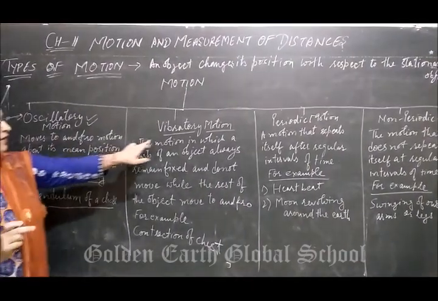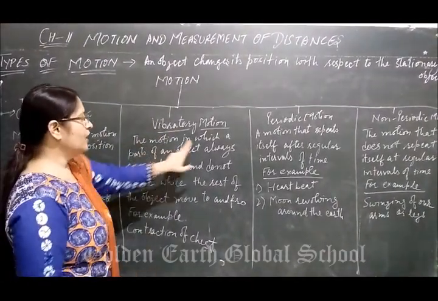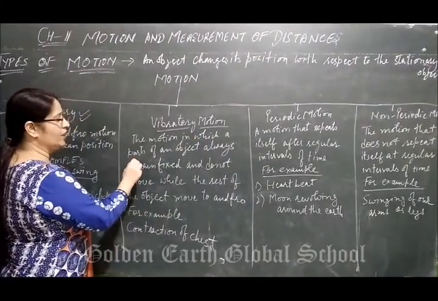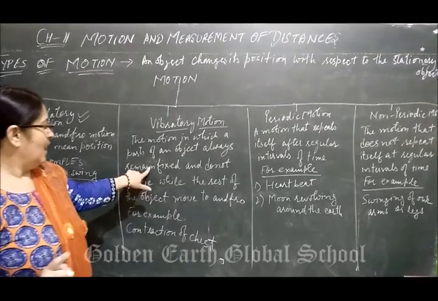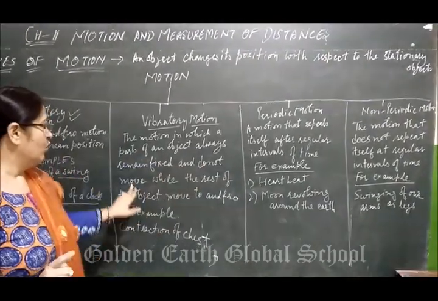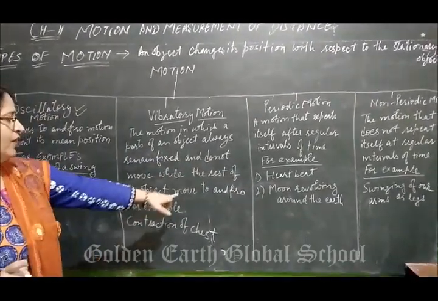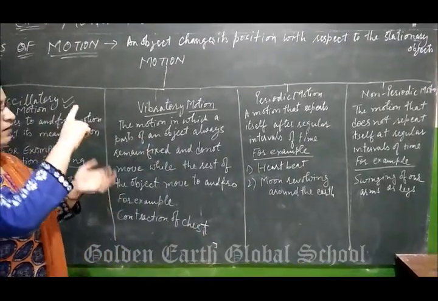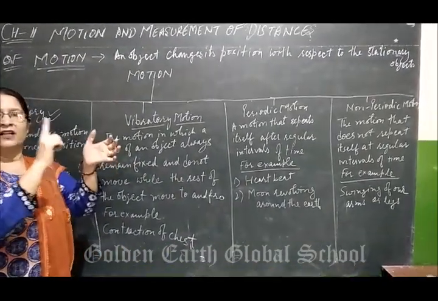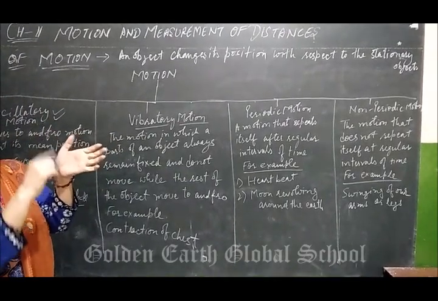Next is vibratory motion. The motion in which a part of an object always remains fixed and does not move while the rest of the object moves to and fro. Means, when there is a guitar, you have seen the guitar, the wire of the guitar is vibrating there only.